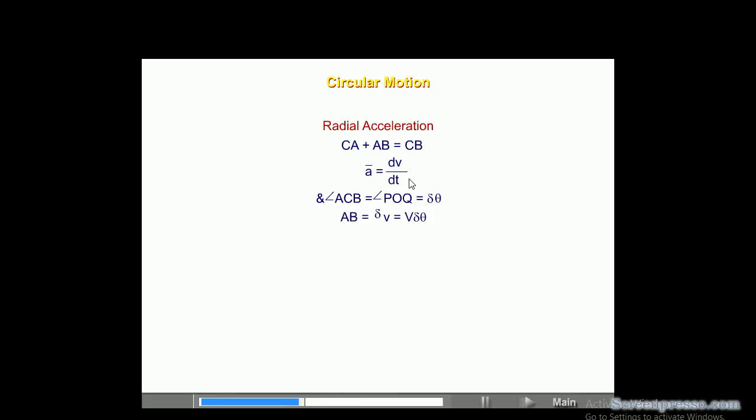AB is equal to ΔV is equal to VΔθ. a is equal to dv/dt is equal to VΔθ/Δt is equal to Vω. ω is equal to V/R. Therefore, a is equal to V²/R.